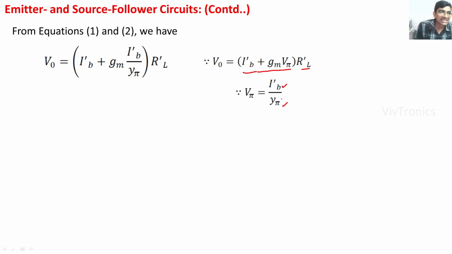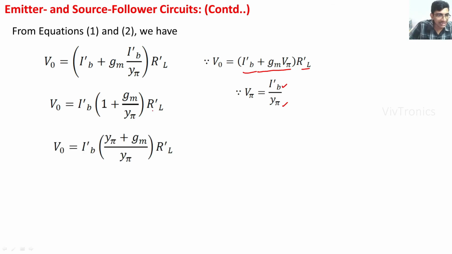By substituting these values in the V naught equation, IB dash plus GM into IB dash by Y pi into RL dash. Here we can take IB dash common from the numerator, IB dash into 1 plus GM divided by Y pi into RL dash. If you take the LCM for these terms, Y pi plus GM divided by Y pi into RL dash.